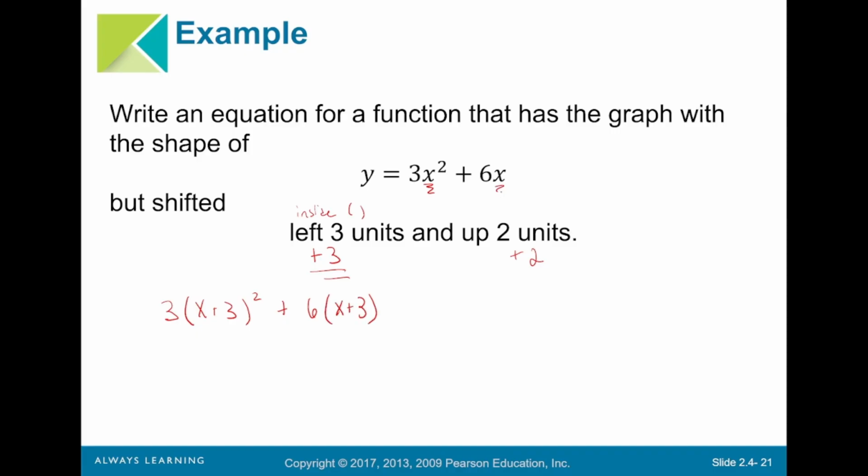Again, replace the x with an x plus 3. That's how we shift it to the left. And then we just add 2 in order to shift it up 2 units overall. This is our new function, and you can leave it like this in Pearson this week. You see that inside parentheses we have a plus 3, and overall we have a plus 2.